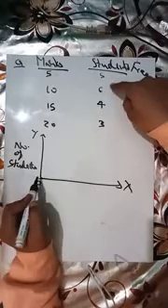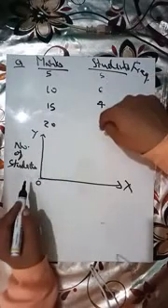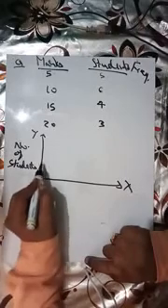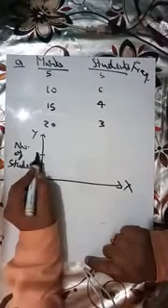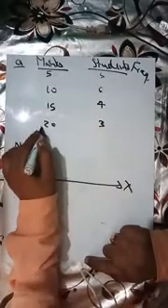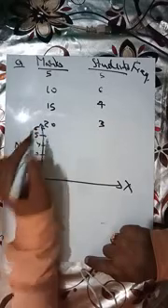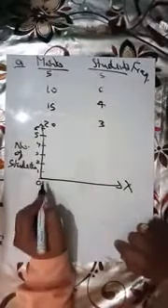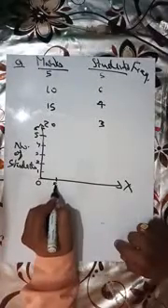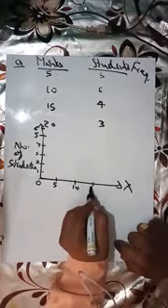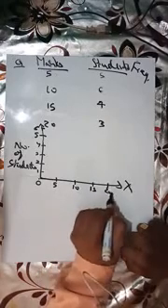It is not that you write 5, then 6, then 4. It should be in order: 0, 1, 2, 3, 4, 5, 6. Now here we'll write the marks in order: 5, 10, 15 and 20.